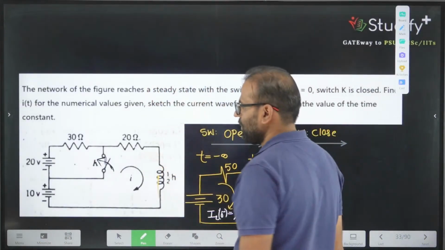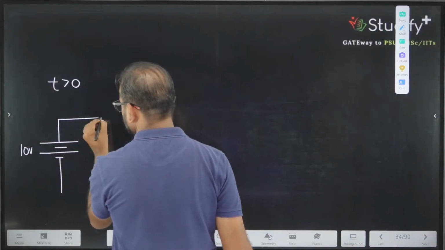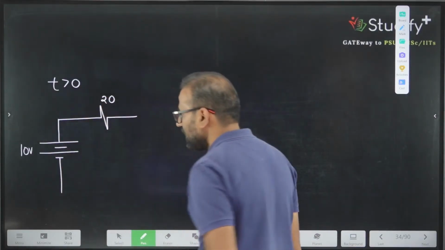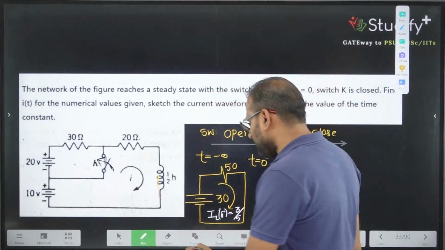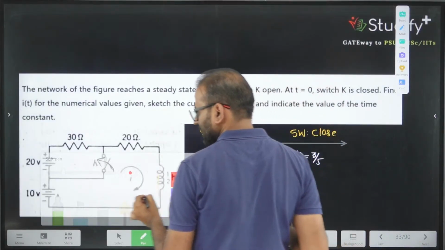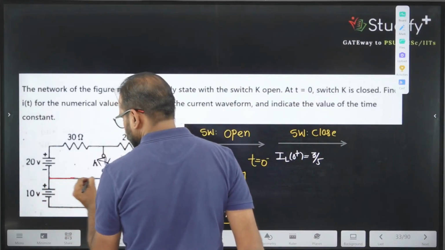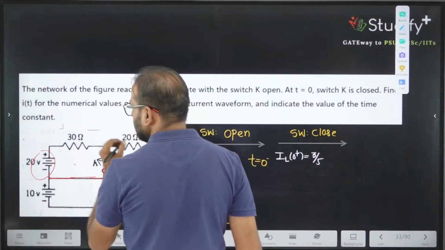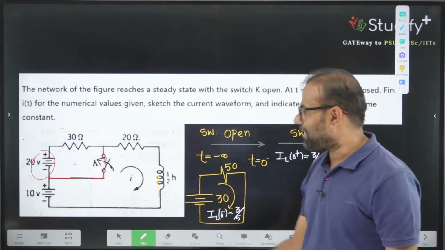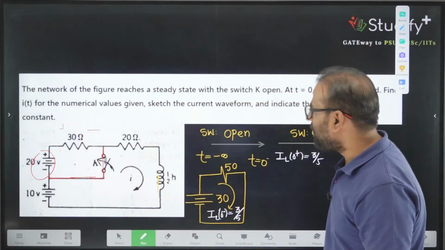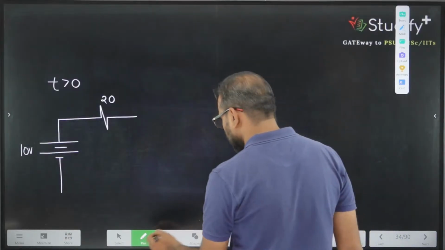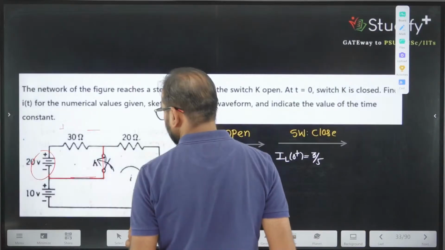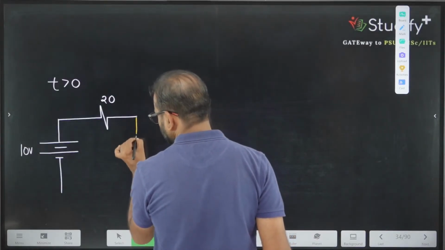Then we have 20 ohm. Why am I directly writing 20? Because there is no meaning of this path. If the switch is closed, this 20 volt will drop across this, and no current will come out from this. So 20 ohm, and then we have the inductor, and the inductor value is 1 by 2 Henry.